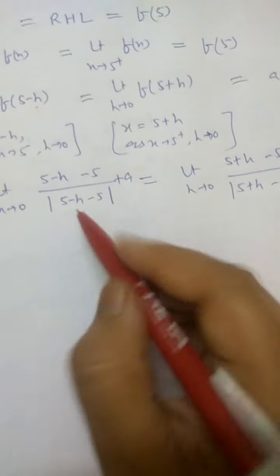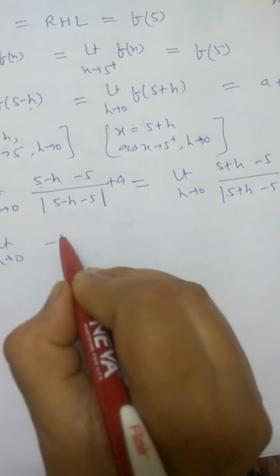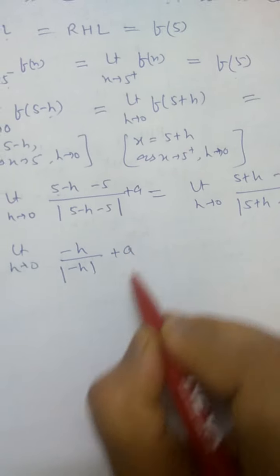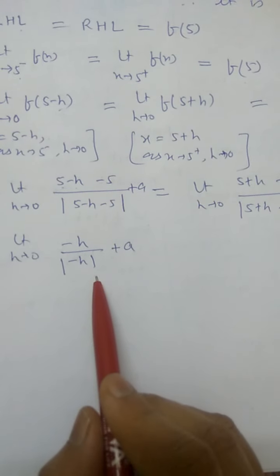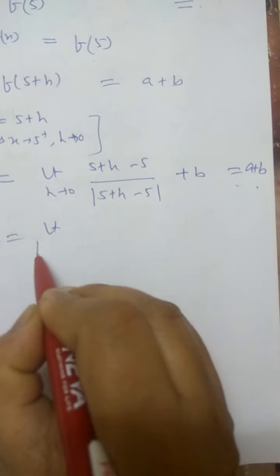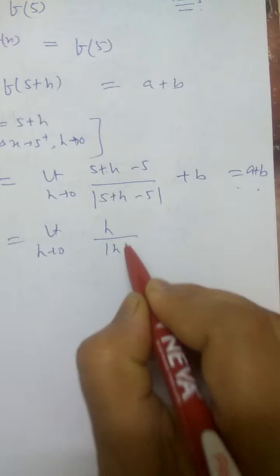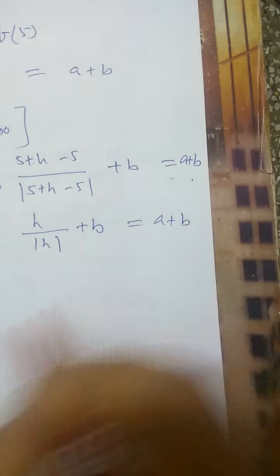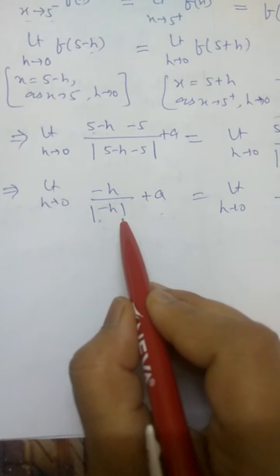And now simplify this. Limit h tends to 0, it becomes minus h upon mod of minus h plus a. This will be cancelled. And in this case, we have limit h tends to 0, h upon mod of h plus b, that is equal to a plus b. And now what is the value of mod of minus h?